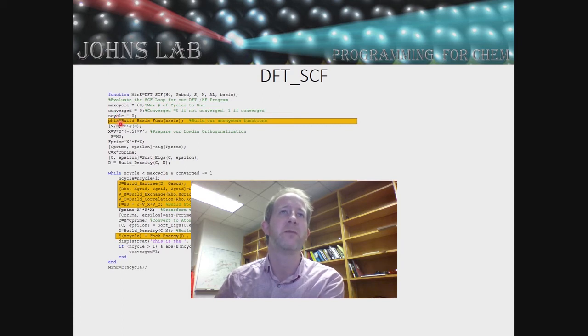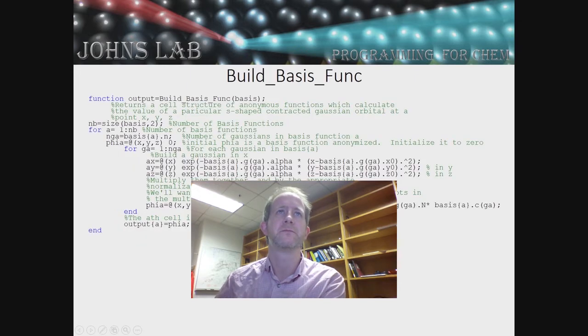Phi a equals build basis function of basis. All right, and so what this is going to do is we're going to loop over the number of basis functions that we have. So we're going to loop over each basis function. For each basis function, we're going to get how many Gaussians we have in that contracted basis function.